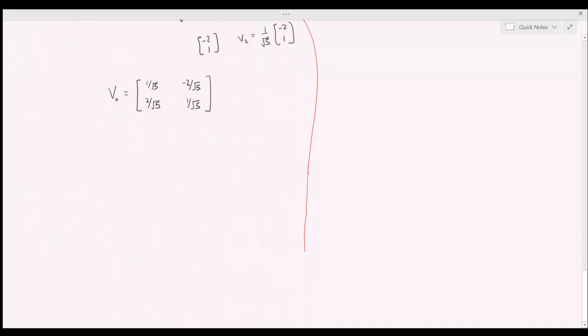So in order to get the matrix U plus, so we had these formulas from before. So U1, we'll calculate U1 as being 1 over sigma 1 times A V1. And then likewise, U2 is 1 over sigma 2 A V2, okay?